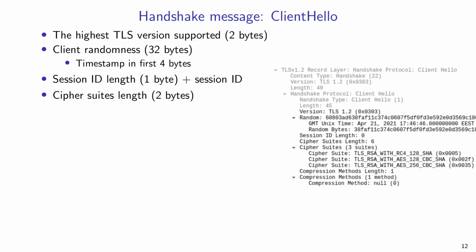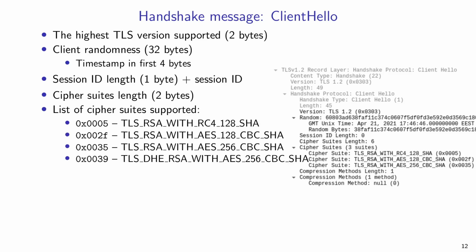Then comes the cipher suites length encoded using 2 bytes, and then comes a list of cipher suites supported by the client, where each cipher suite is identified by a 2-byte identifier, and here is a list of some of the most popular cipher suites, and this is how the name of the cipher suite looks.